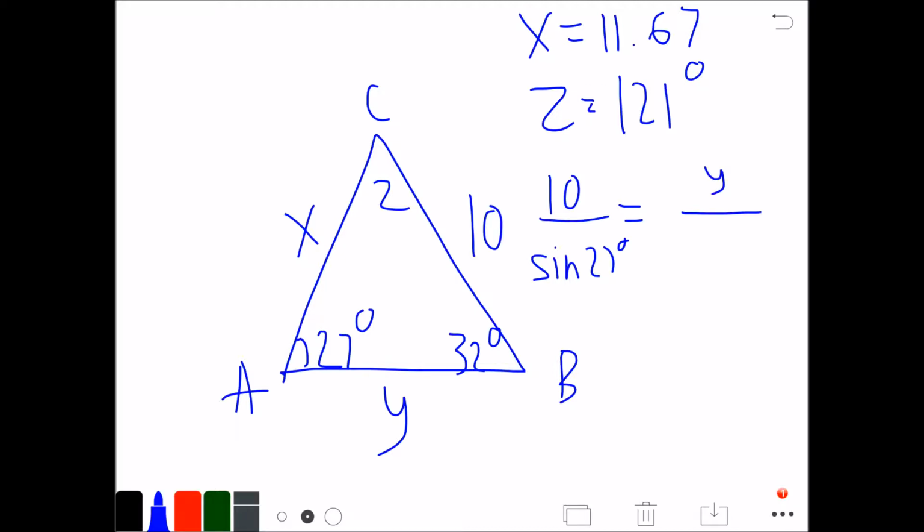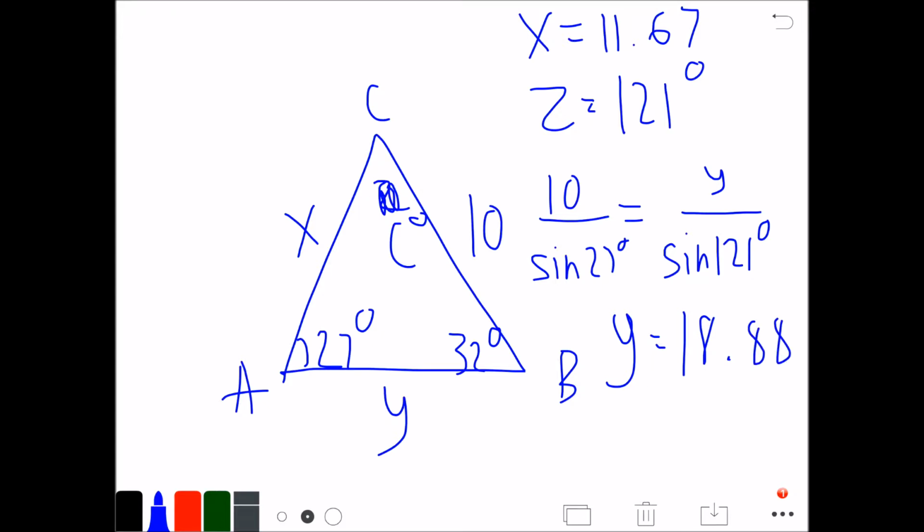So I can put y over the sine of angle C, which is 121 degrees. If you want to solve for y, cross multiply and divide. So you would do 10 times the sine of 121 over sine of 27 degrees. And you get y equals 18.88. And you have solved the triangle.